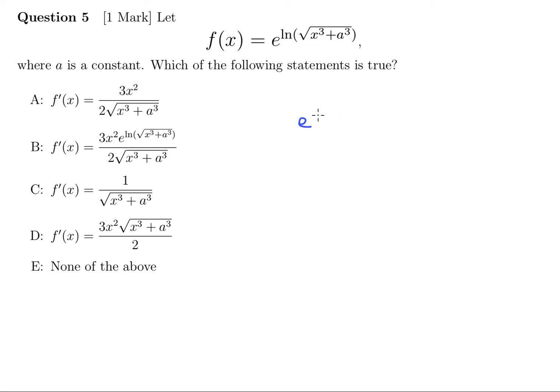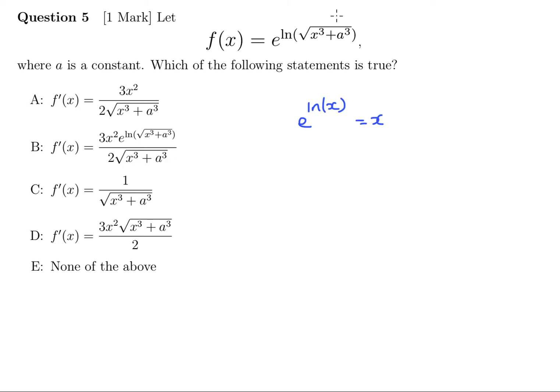The thing to know, if you're going to remember this, is that if you do e to the natural log of anything at all here, we've obviously got something more complicated than just x, but the answer is just this something. So if you have an e to the ln of something, it's equal to just the something.